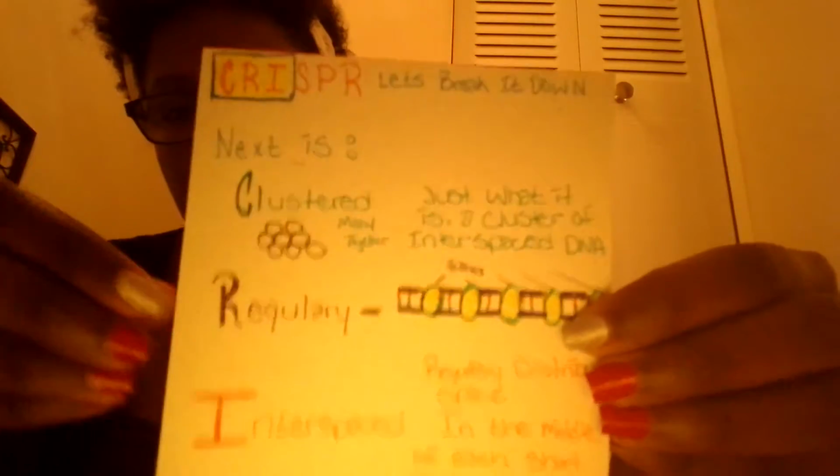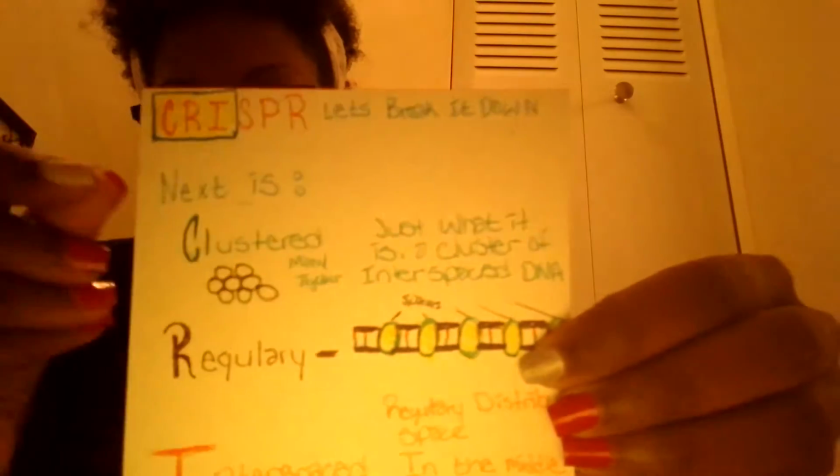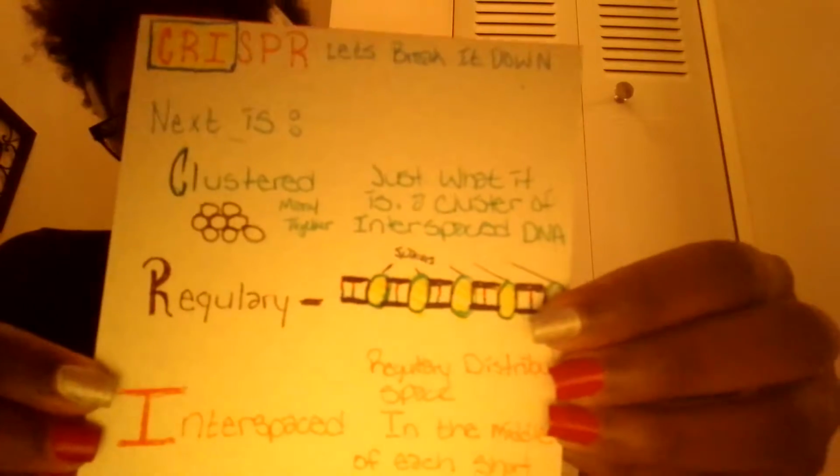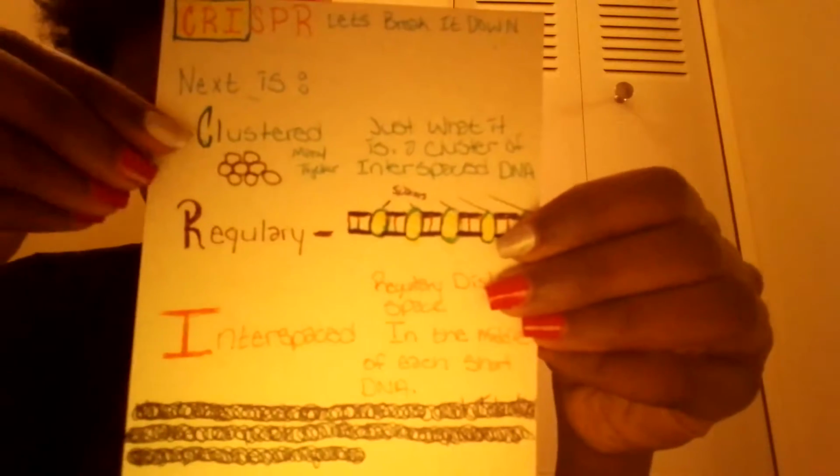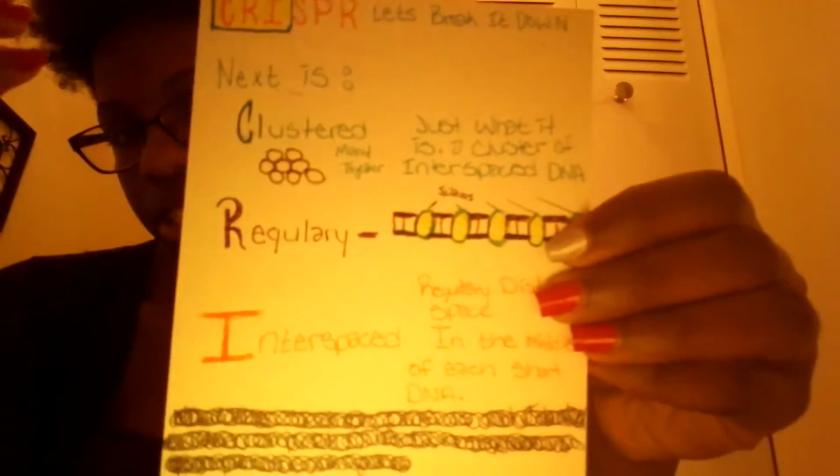Next, we'll be talking about the CRI of the CRISP word. C stands for cluster. Of course, as cluster means, it's a cluster of your DNA together.